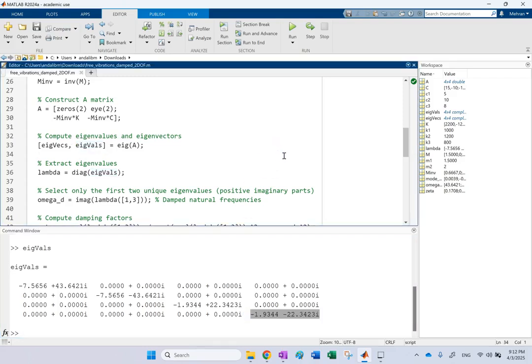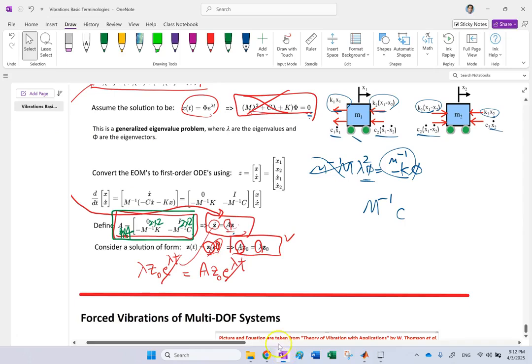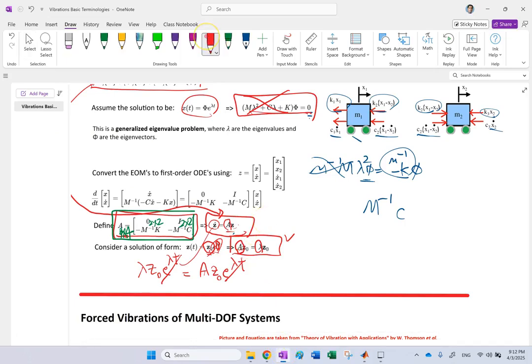Okay, now how do I find my natural frequencies? Well, if you remember from what we had in the single DOF systems, when I had a damped system, the eigenvalues were what? You're right. The eigenvalues, in this case, lambda, please pay attention. In this case, lambda is not the square of the natural frequencies. In this case, lambda is the eigenvalue of the A matrix. And that's basically what?